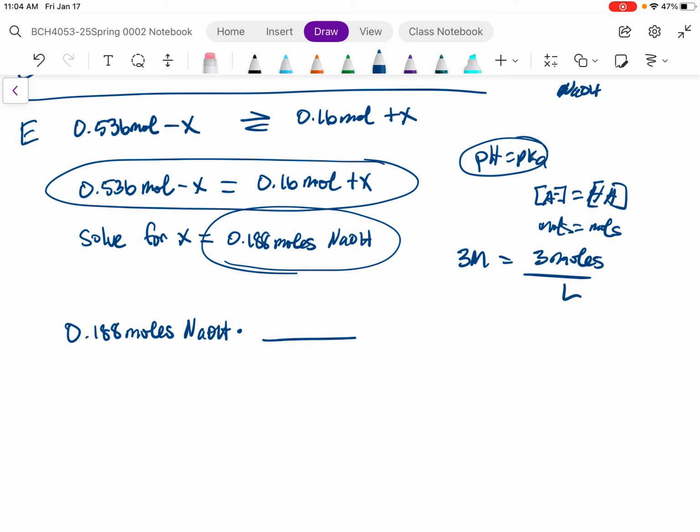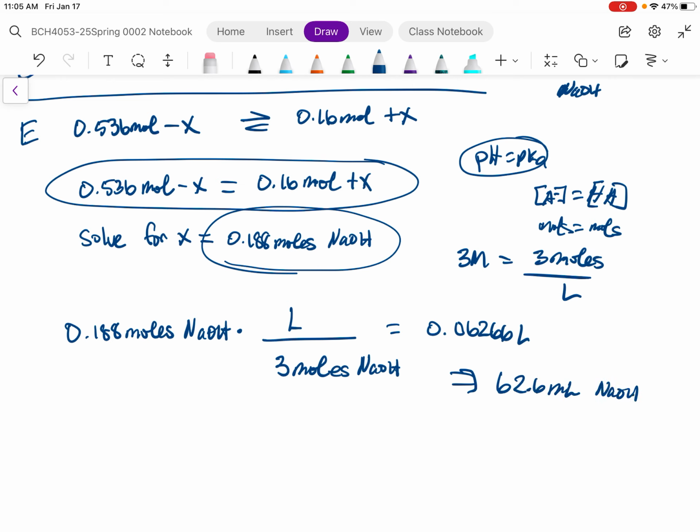So all we have to do is divide that by 3 moles per liter, and that's going to equal 0.06266 liters, which is 62.6 milliliters of our 3 molar sodium hydroxide solution, to be more precise.